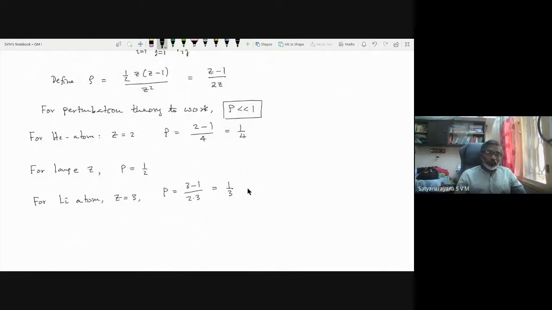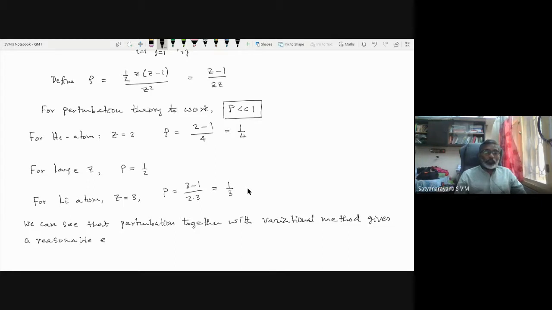Okay, so we can see later that perturbation together with the variational method gives a reasonable estimate for the ground state of the helium atom.